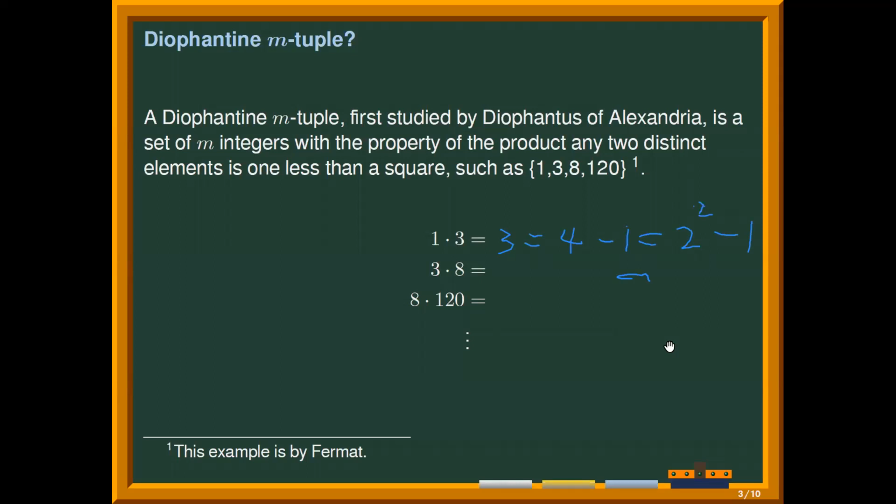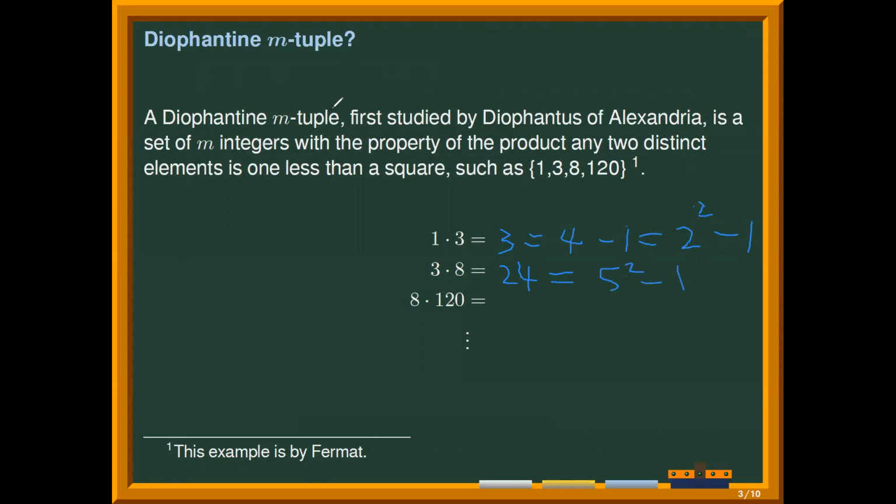Similarly, if you multiply the second and third elements in that set, 3 times 8, you get 24, which is 5 squared minus 1.